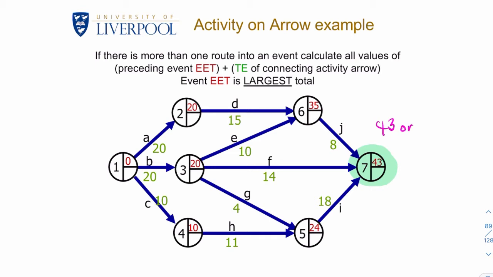So that's 34. Or we need 18 days following 24. So that's 42. So we take the larger of those. So now that's the earliest time this project can complete.